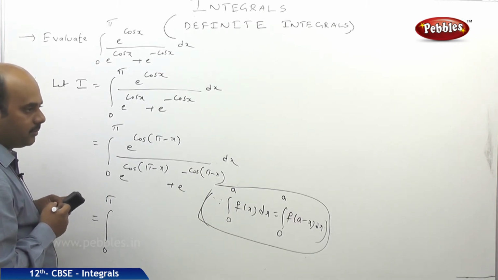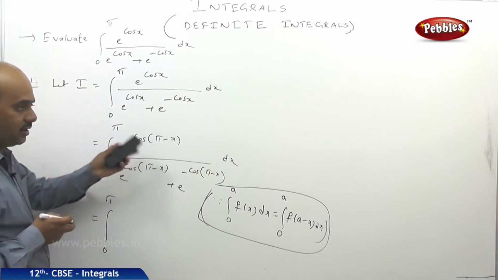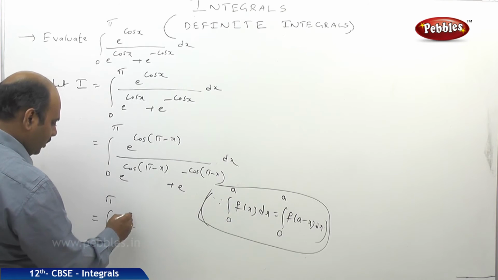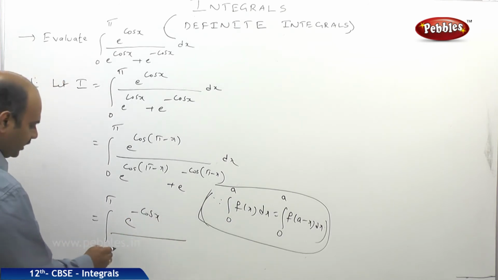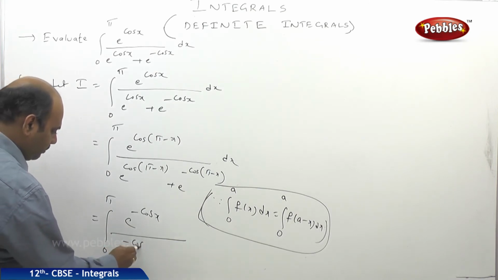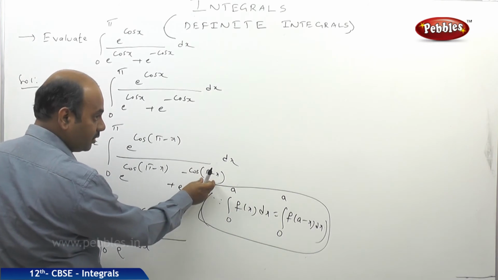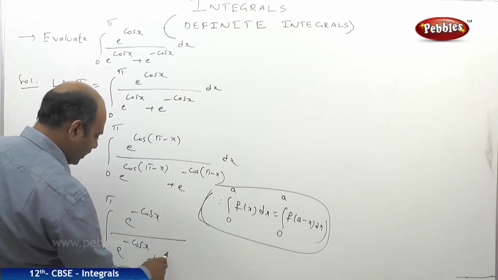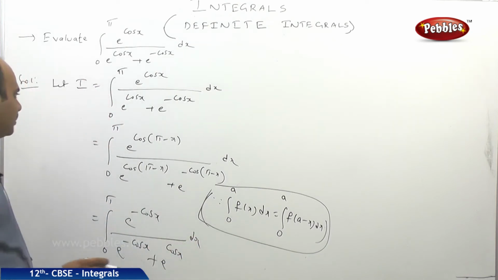Cos of 180 minus theta means which quadrant? Second quadrant. Second quadrant means cos will always be negative. So this becomes e power minus cos x divided by e power minus cos x, and here also minus cos x will be coming, but outside minus sign is there. So what happens? E power cos x dx.